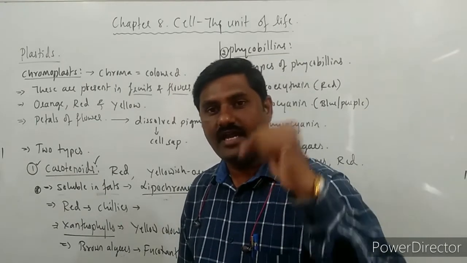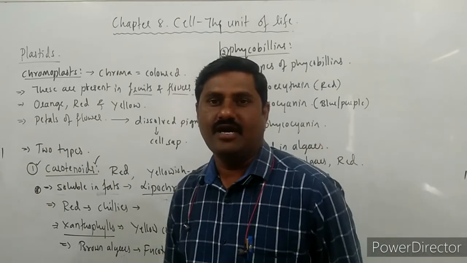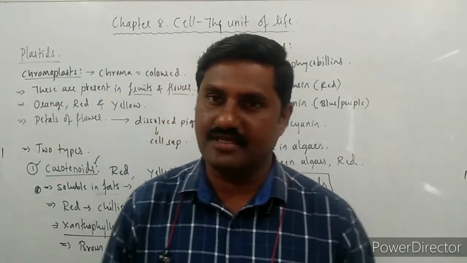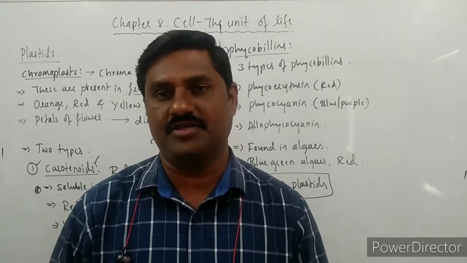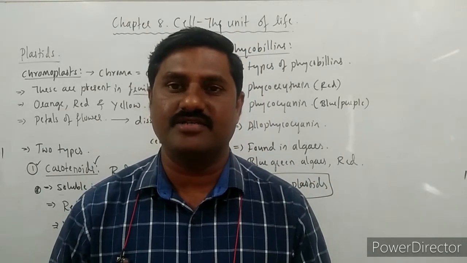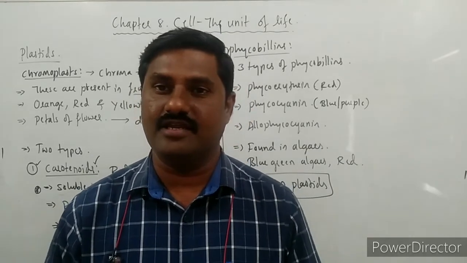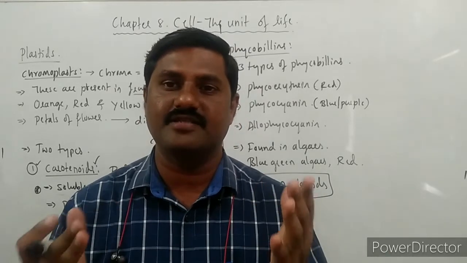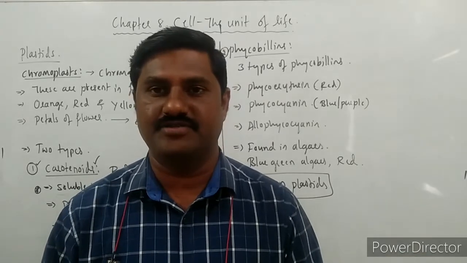Non-green types, and now we shall start with the green type, that is chloroplasts, the green colored plastids that we come across. We have to study the ultrastructure of this chloroplast. Usually these chloroplasts are present in the cells which are green in color, meaning this green pigment imparts the color to the cells as well as the entire plant body itself, right?